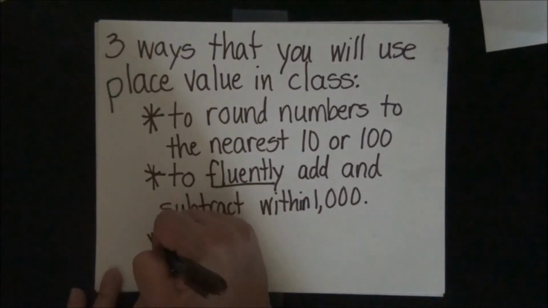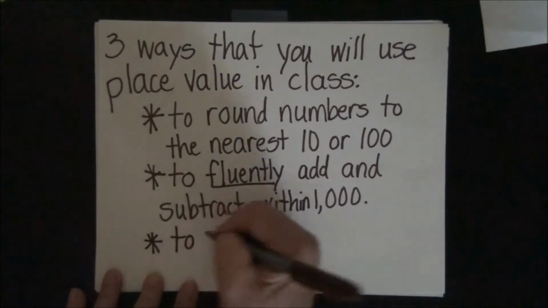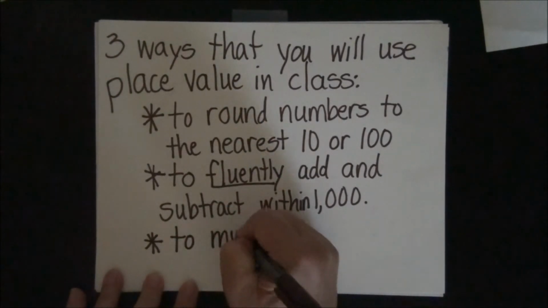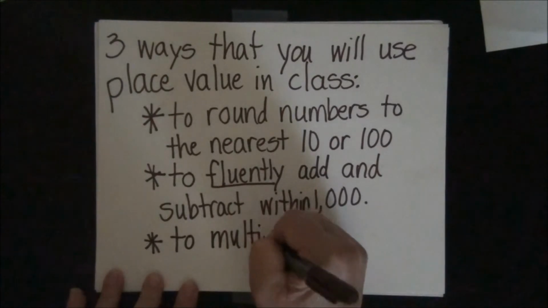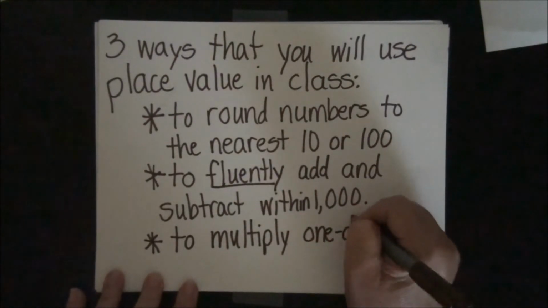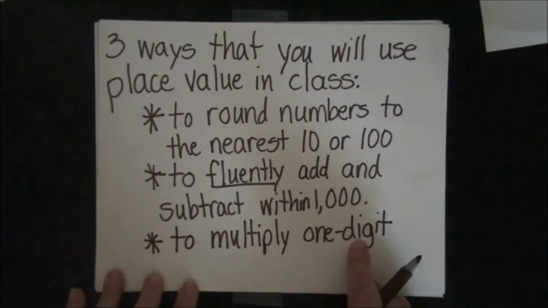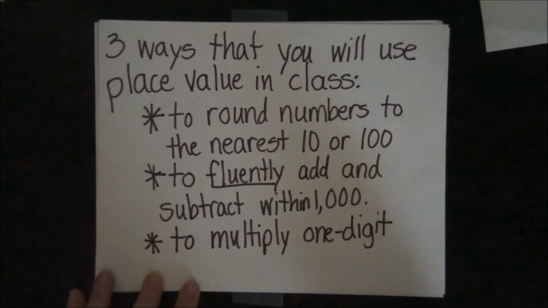Okay, and then finally, the third way you will use it is to multiply one-digit numbers. Now remember we said multi-digit means more than one. This is one digit numbers, 0, 1, 2, 3, 4, 5, 6, 7, 8, 9.